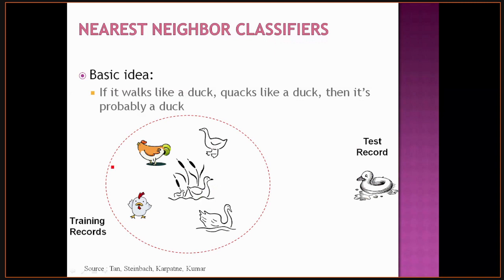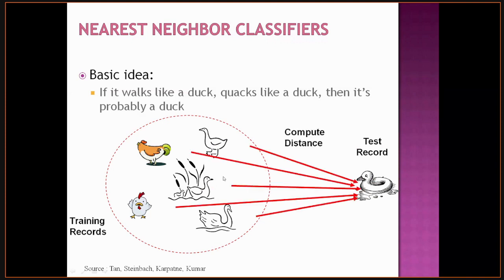So this is the information provided by the training records. Now the test record tries to find out the similarity between itself and each of the images in the training records, and tries to see how close it is to each of these training records.